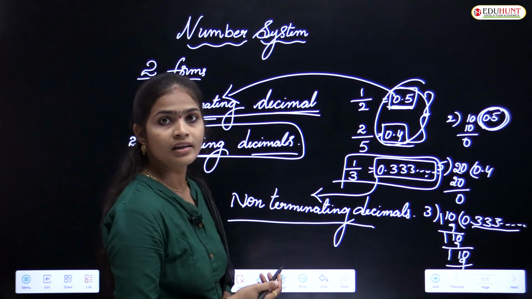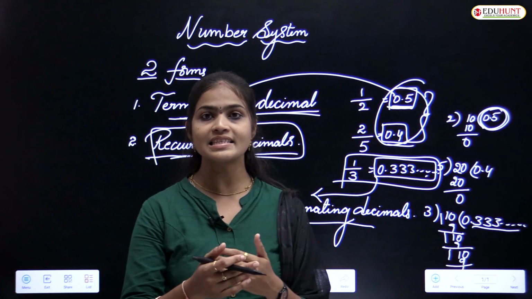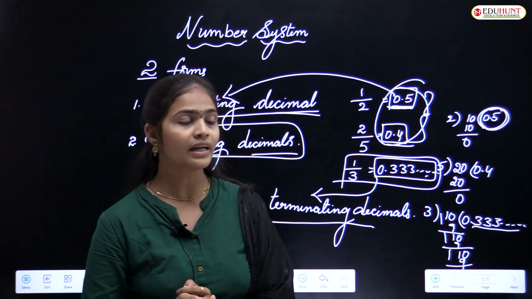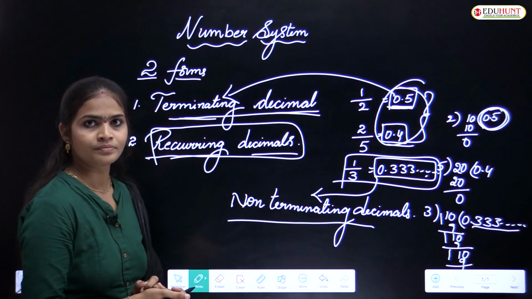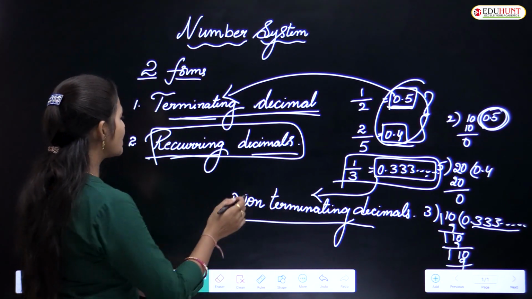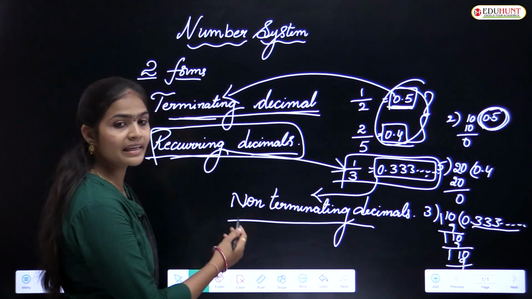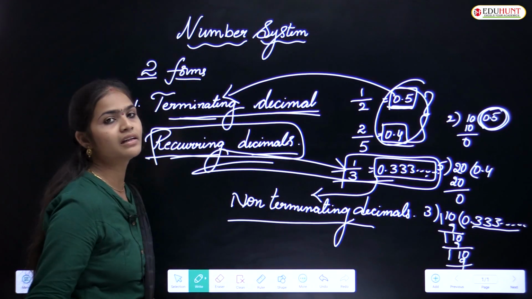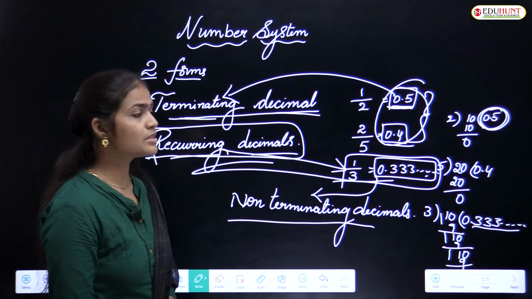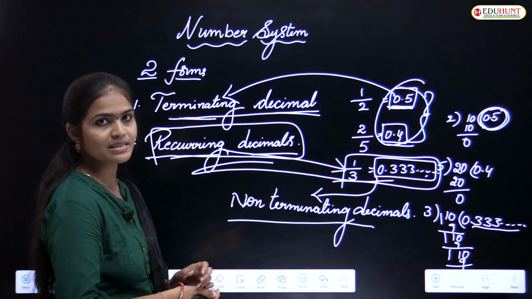Recurring means just a repetition of the digits in the decimal part. So 1/3, shall we call that a recurring decimal? Yes, that is a recurring decimal. Is it clear? Did you observe the difference between terminating decimals and non-terminating recurring decimals?